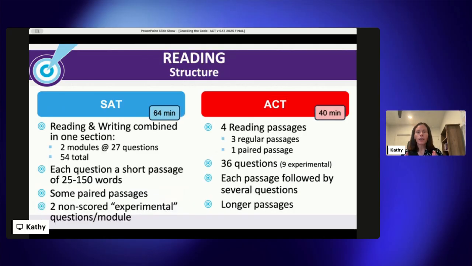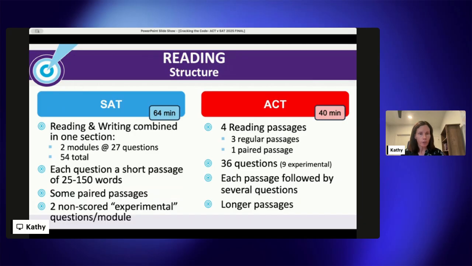All right. So we already talked about the SAT reading and writing section, how reading and writing questions are combined. And let's talk about the ACT reading section. So you're still going to see 4 reading passages. 3 are single author. You'll then see 1 paired passage.